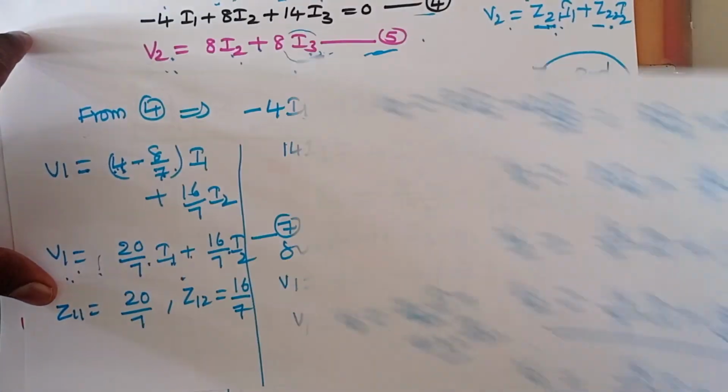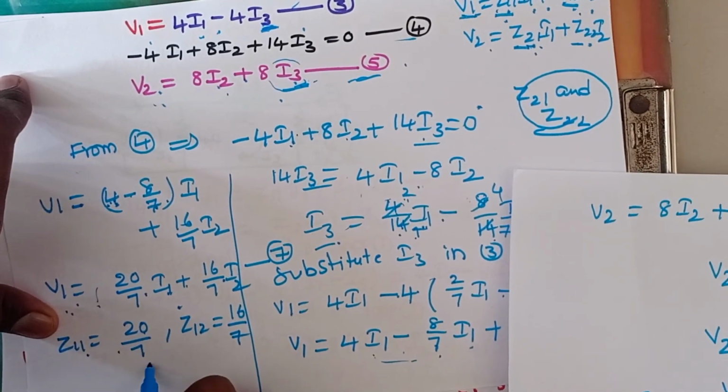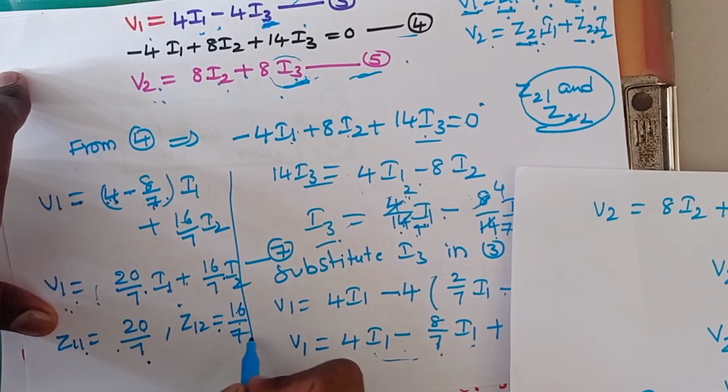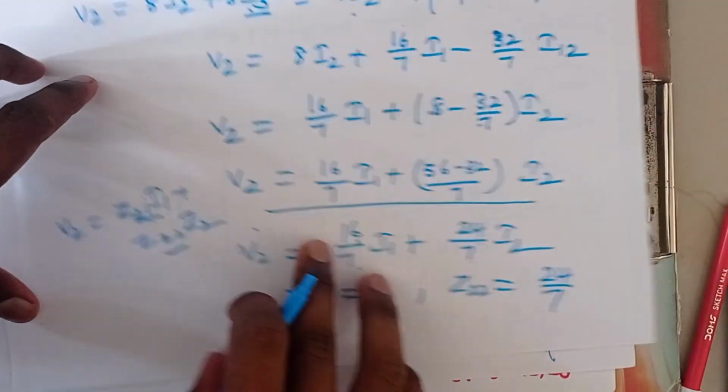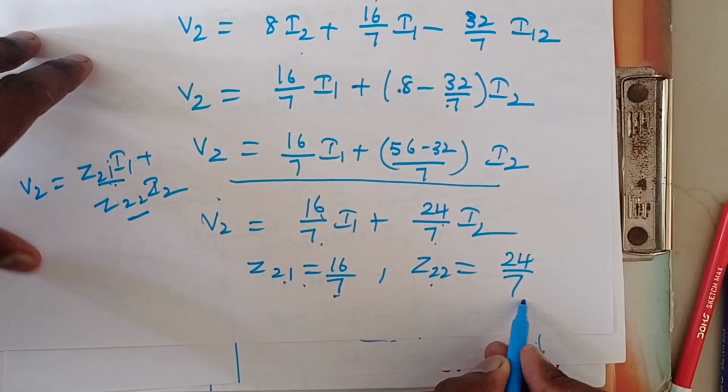In this paper we already got Z11 equal to 20 by 7 and Z12 equal to 16 by 7, and here we get Z21 equal to 16 by 7 and Z22 equal to 24 by 7.